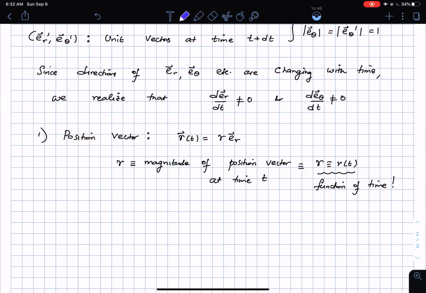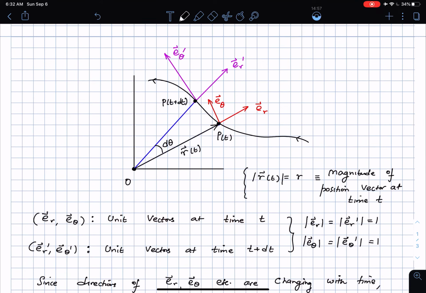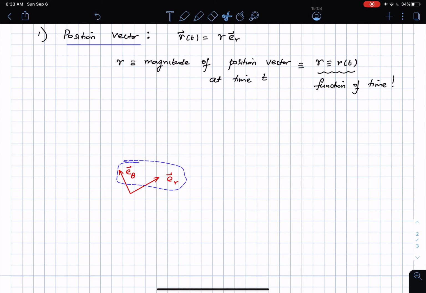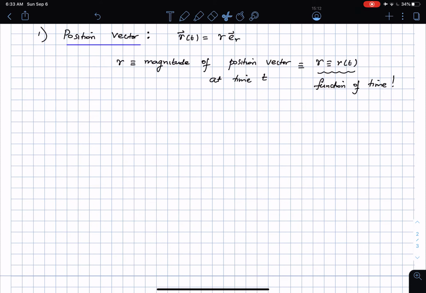Now let us next do the velocity vector. Before I do the velocity vector, here is what I'm going to be doing. I'm going to take this E_r and E theta and then E_r prime and E theta prime, and I'm going to pin them together. Let me try doing that. Probably a better idea is to just draw it myself. That looks a little too small for me to manage.